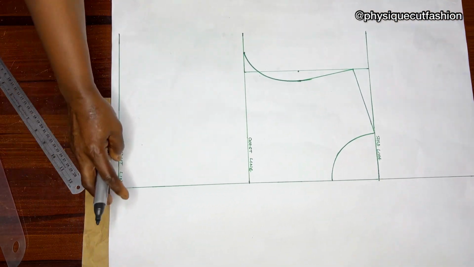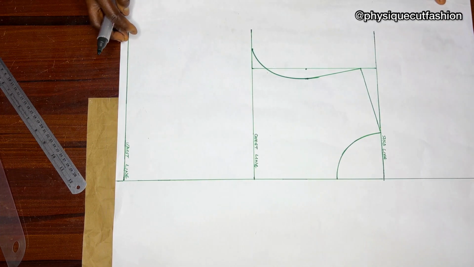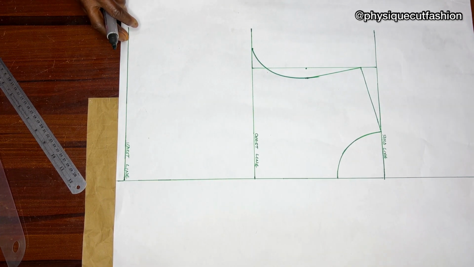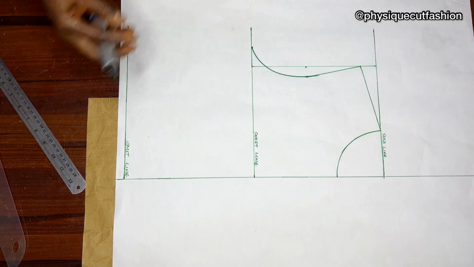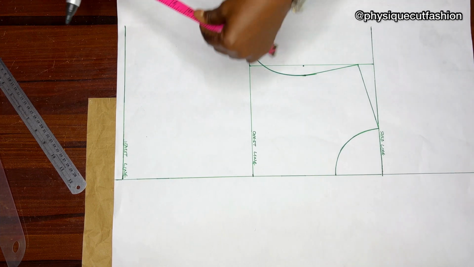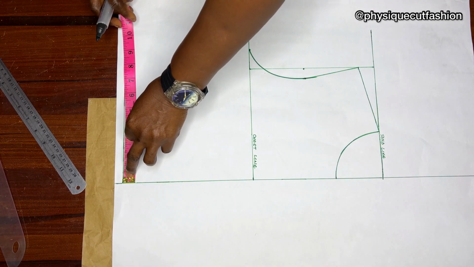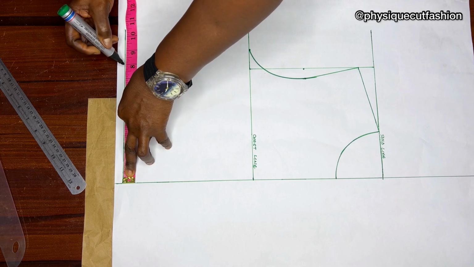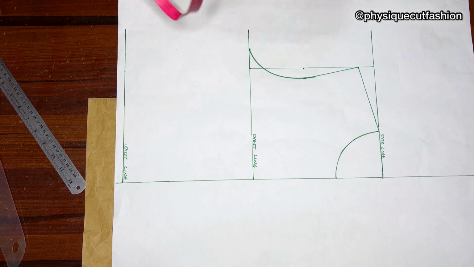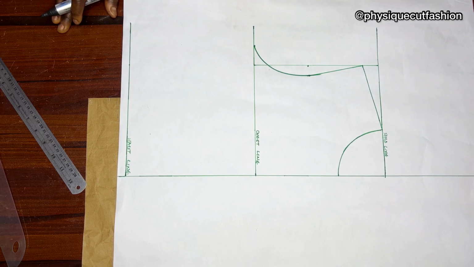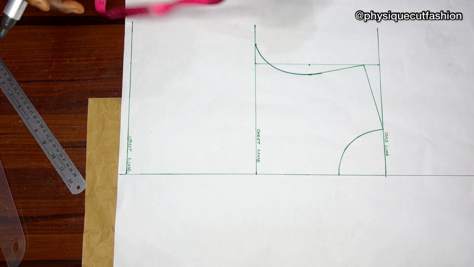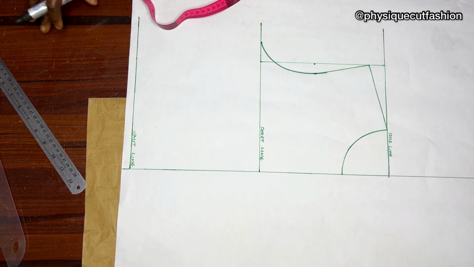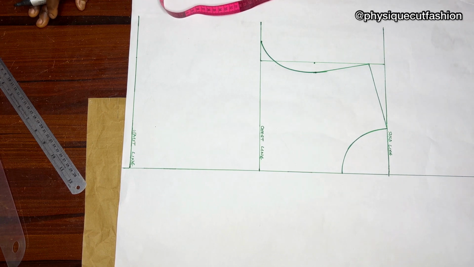Then we come to the waist. The waist measurement we are working with is 30. We divide it by 4, gives us 7.5. We measure 7.5 here. So for the front cut, you are free to hold your dart if you want to, but it's not mandatory for this particular style. The bust span we are working with is 7 inches.